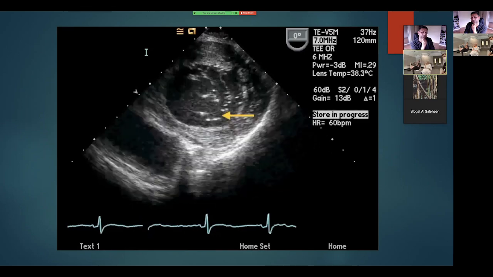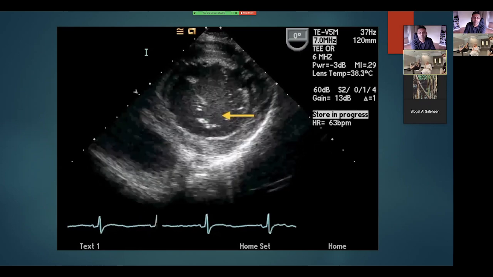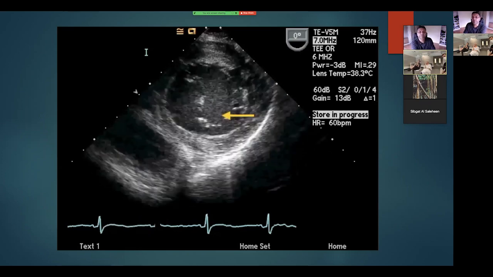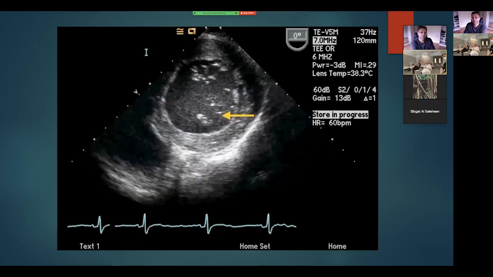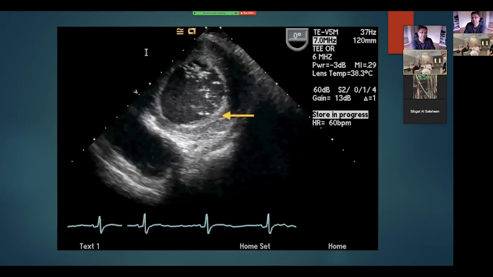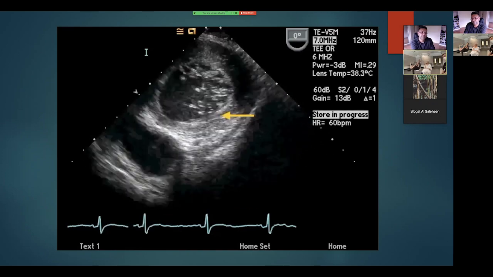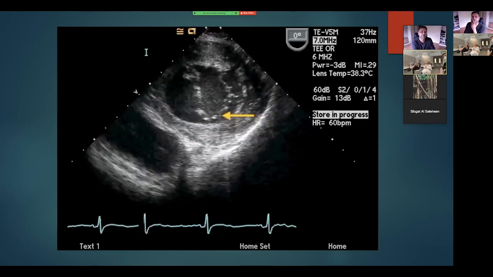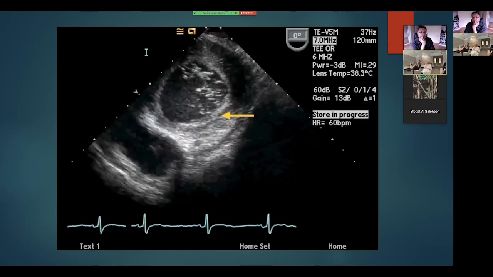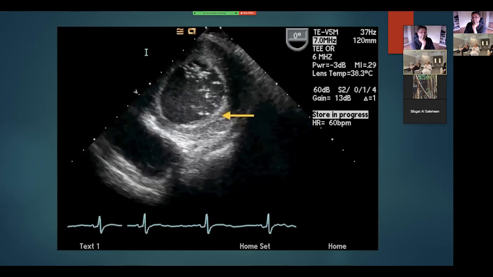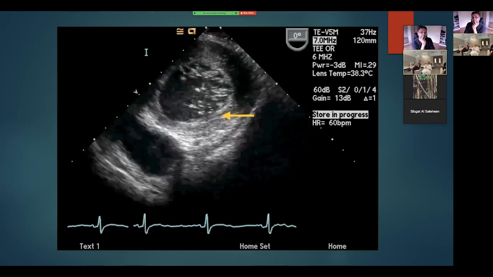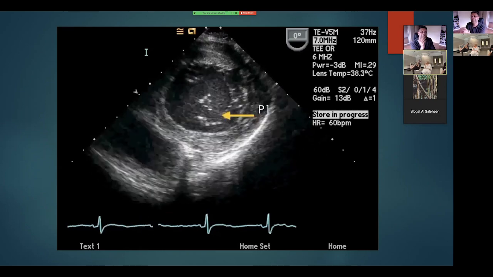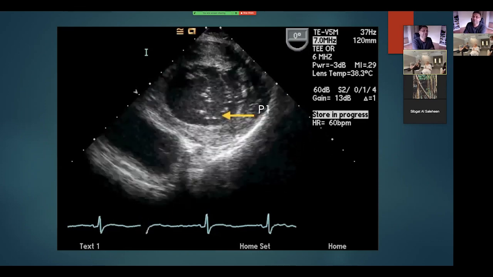It starts at 1. We've said that would be anterior, so we're at the anterolateral, which would be 1. Is that correct or not? That's correct. It's P1. Very nice. Nicely done.